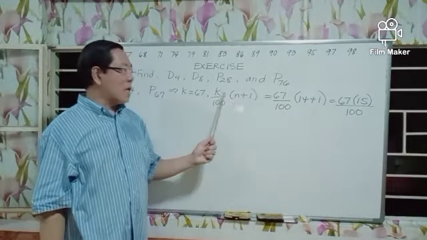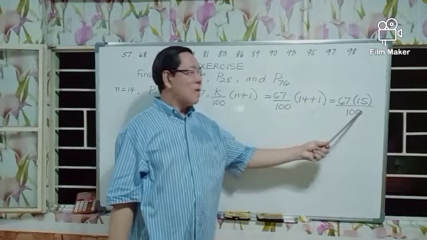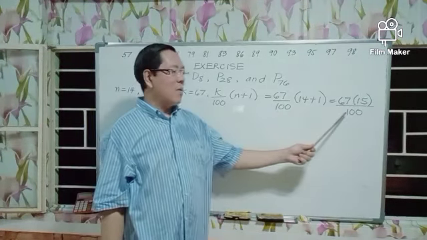Okay, k equals 67, n is 14. 14 plus 1 is 15. We multiply by 67 and we divide the product by 100.